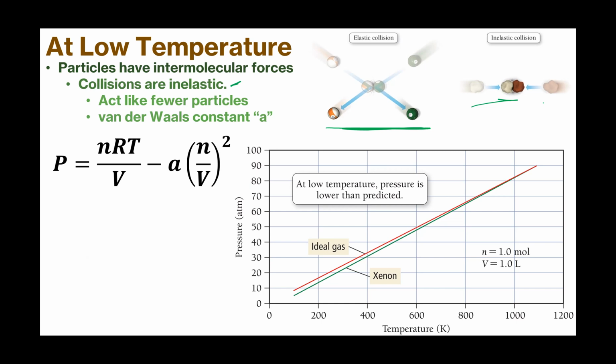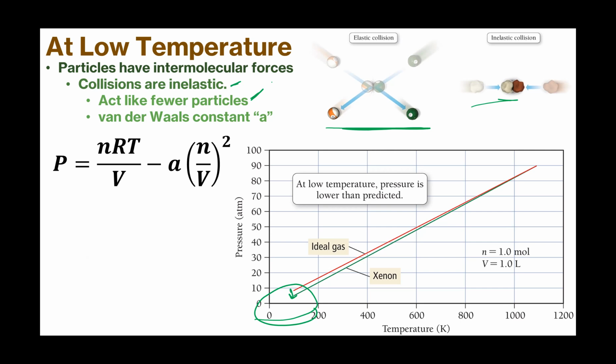So the pressure at low temperatures, like 100 Kelvin, is lower for the real gas versus the ideal gas, because the gases act like there's fewer particles. If there's less particles in the sample, the pressure goes down.